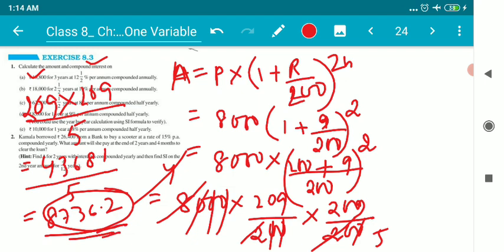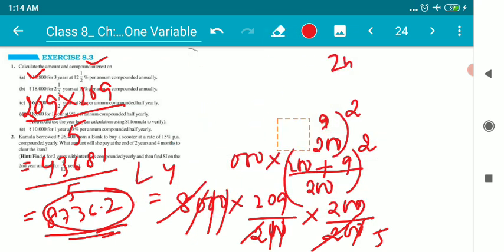This is the amount which I'm going to pay after 1 year if I take the loan for principal 8,000, rate of interest 9% per annum, compounded half yearly. So if I take the loan of 8,000 rupees, I'm going to pay 8,736.2.